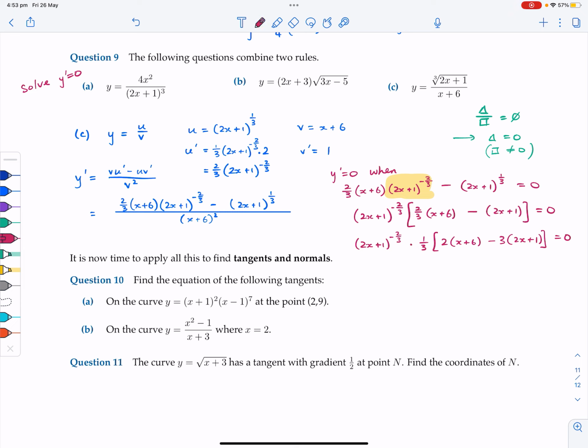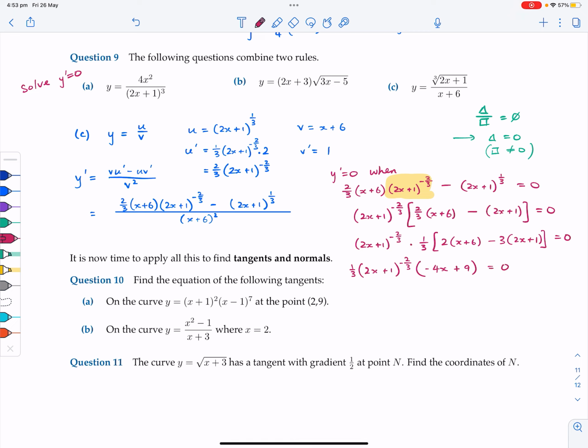Okay, so now I've got 1/3, 2x plus 1 to the power of negative 2/3. Now this is 2x minus 6x, so that's negative 4x, and then I've got 12 minus 3, so negative 4x plus 9 equals 0.